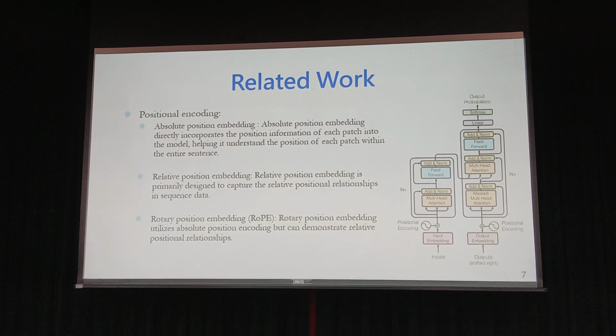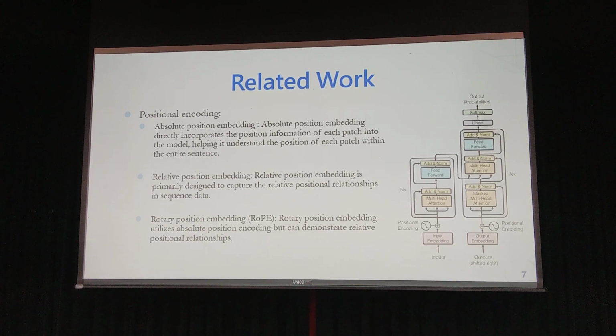The picture on the right side illustrates the transformer architecture. It includes the encoder layer and decoder layer. And in the NLP field, we are focused on the encoding method. First is absolute position embedding, second is relative position embedding, and third is rotary position embedding.